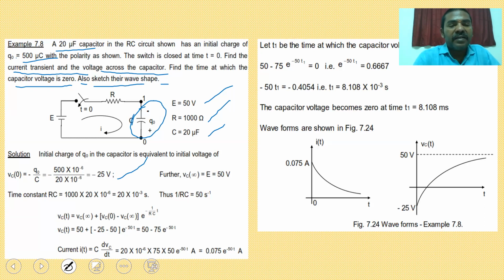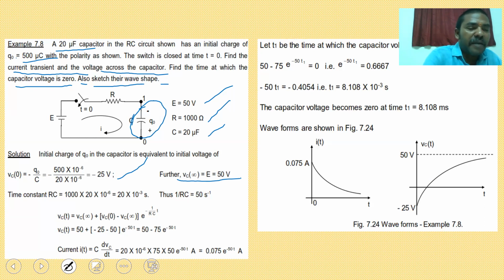Then at t is equal to infinity, the voltage value must be 50 only, because the capacitor will be open circuited. So whatever the voltage in the circuit is 50 volts only.